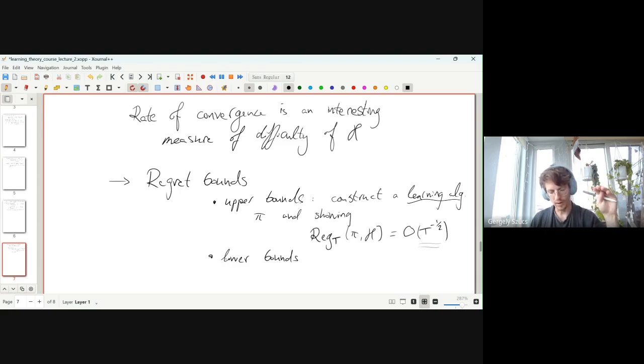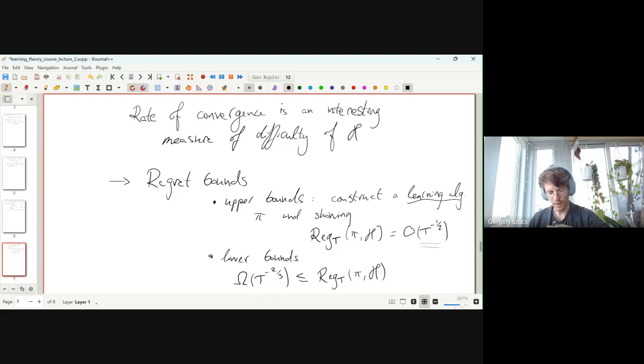And then the lower bounds, they often involve actually understanding something about the structure of the hypothesis class. So in that case, you might prove something like that for the same problem, the regret up to time t of any policy is always bigger or equal than some constant times t to the minus 2/3, for example.